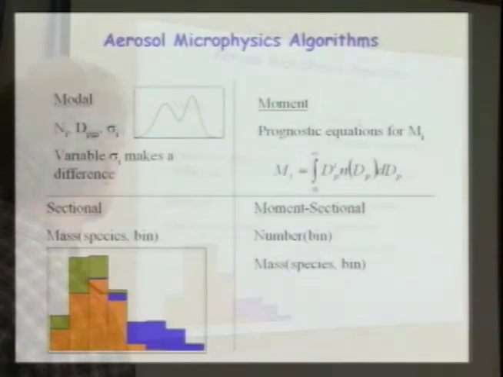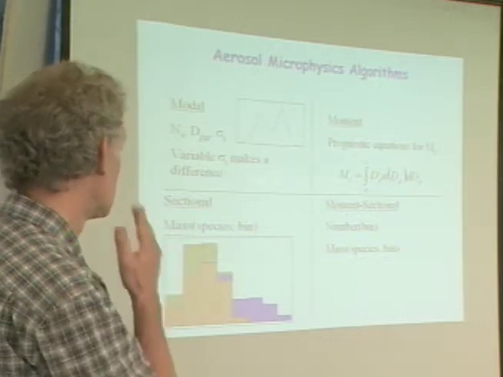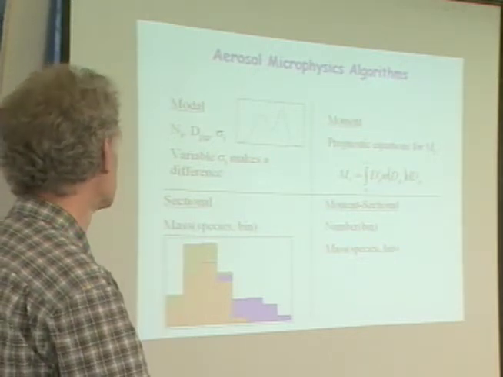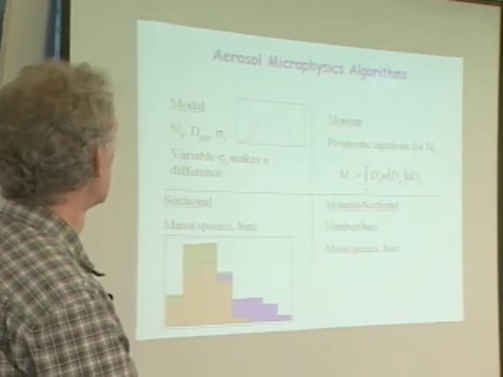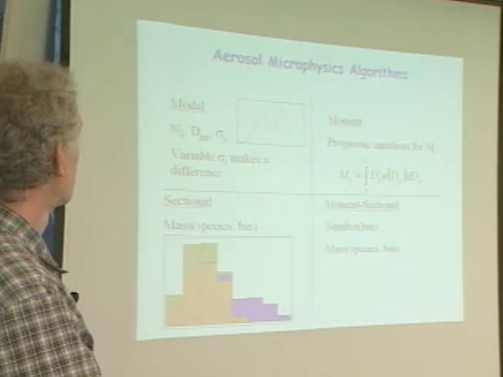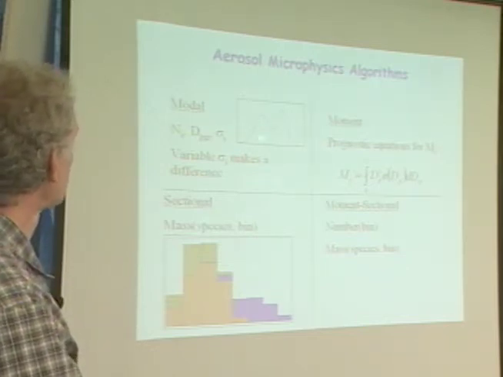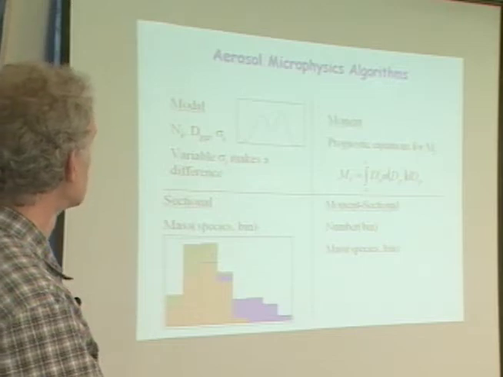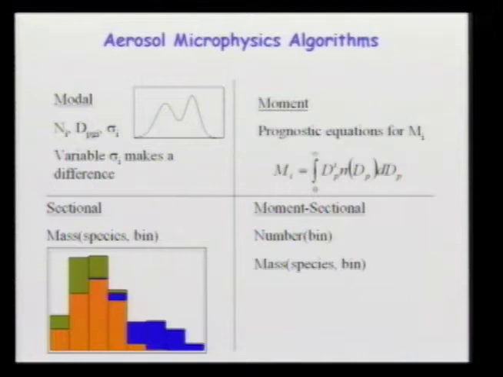And so this might be considered the kind of model that many of the modeling groups were currently using, but there is a move afoot to move to these other formulations for representing aerosols. And all the formulations provide some mechanism for identifying a varying size distribution that predicts drop number as well as mass.